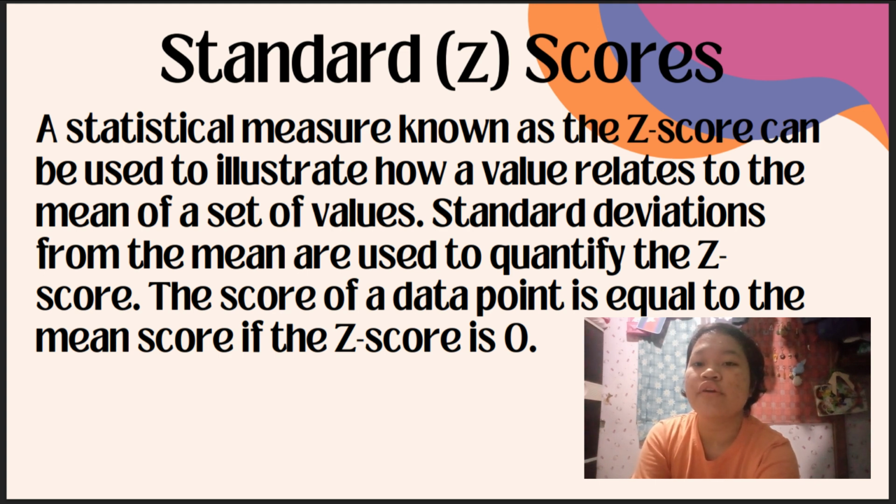The formula for calculating the z-score is z equals x minus the mean over standard deviation, where x is the individual data point, and mu is the symbol of the mean, and sigma the symbol of the standard deviation.